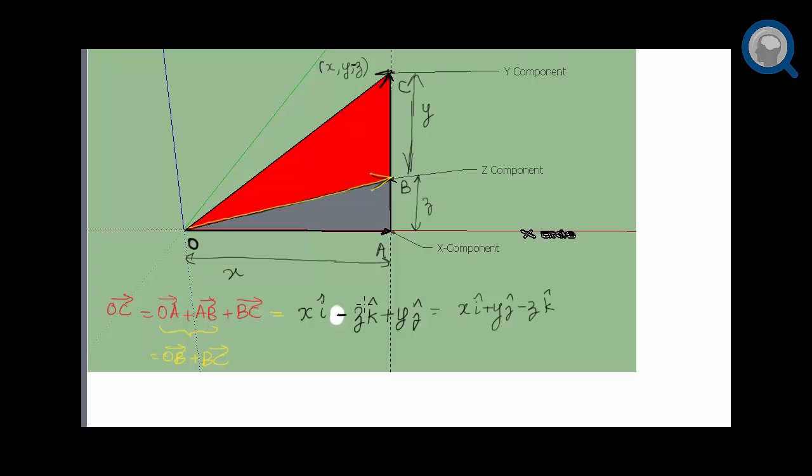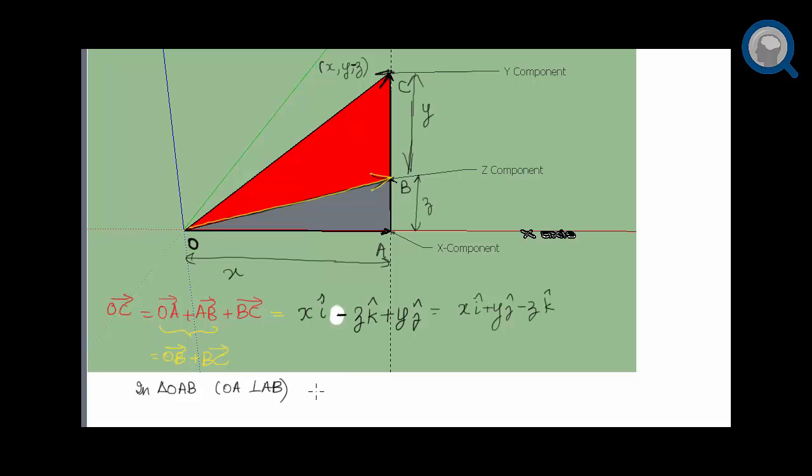Or in other words, we can also write the length of OC. Now the length of OC we can find out from this figure. In triangle OAB, we can clearly see that OA is perpendicular to AB.